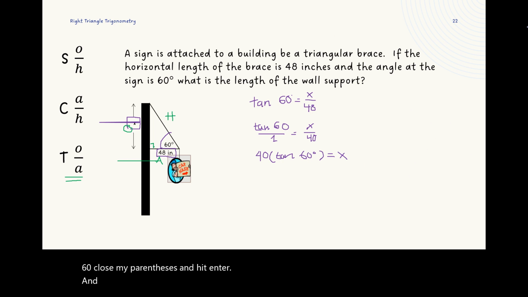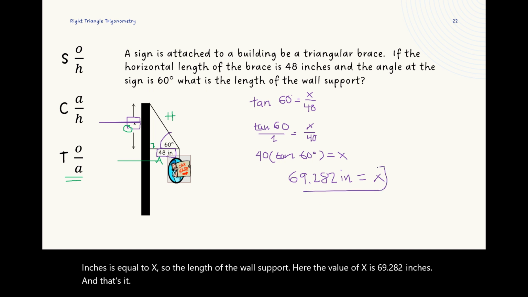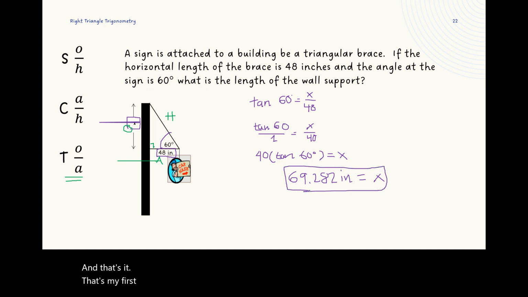And I get 69.282 inches is equal to X. So the length of the wall support here, the value of X, is 69.282 inches. And that's it. That's my first application. All right, let's try the next one.